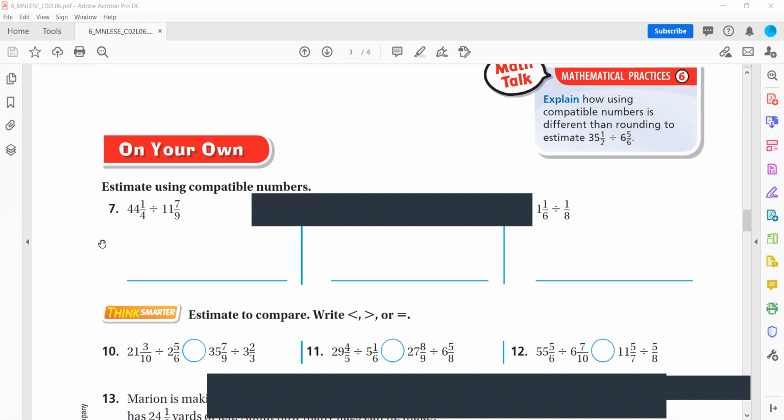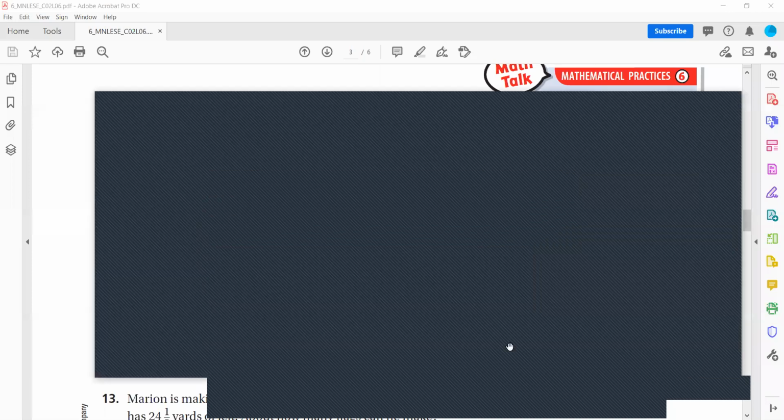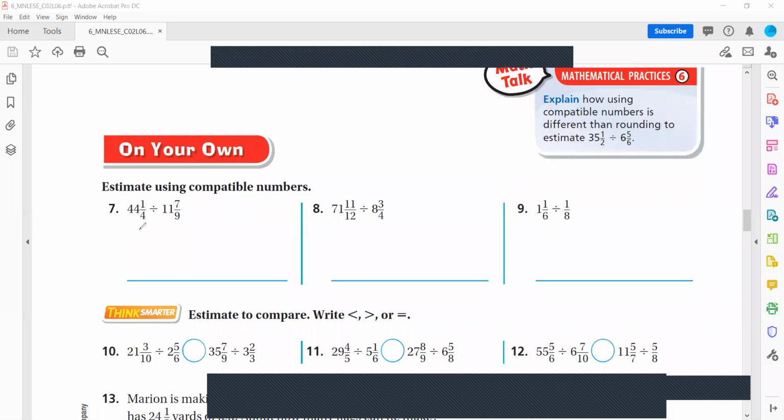Can you hear me? Yes. So let us see question number 7. If I say question number 7, so I can write here 44 divided by, like if you are confused in these, don't worry because I'm just taking nearby numbers to get my answers. I got the answer as 44.